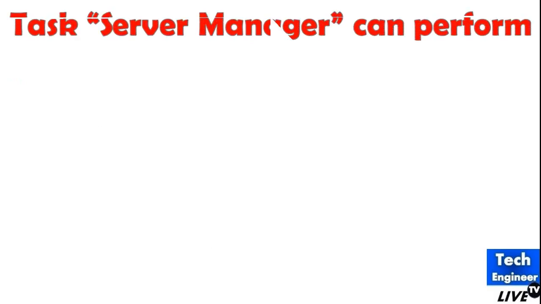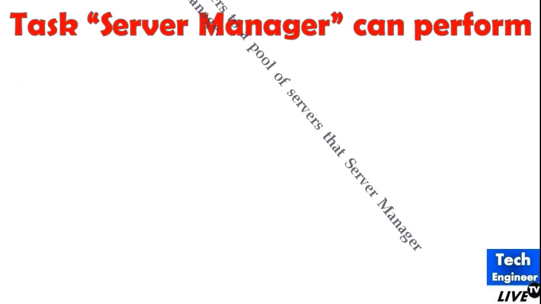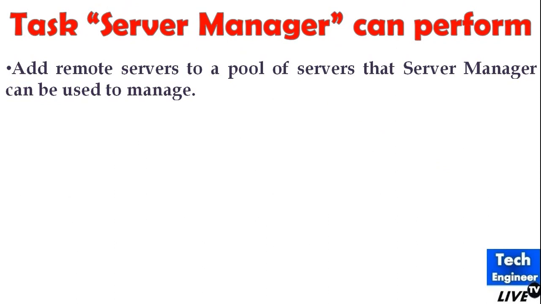Now, the task server manager can perform, well, the first is add remote servers to a pool of servers that server manager can be used to manage. So you can create a pool of remote servers which can be used to manage. For example, as I mentioned, you have a couple of servers to be managed.